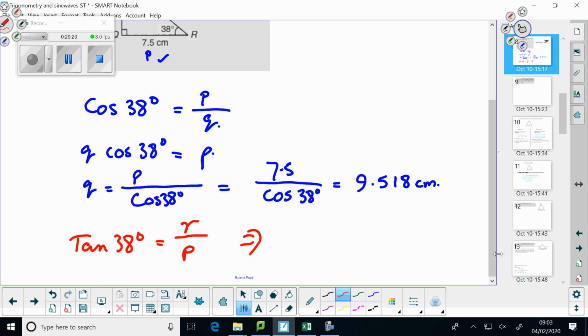Are you happy for me to do that all in one go, those two swap places? Yeah. So r is p times tan 38.